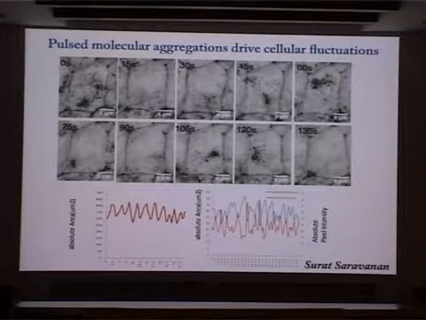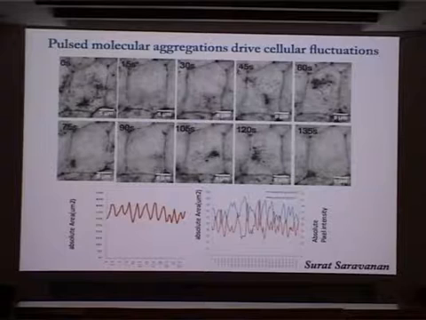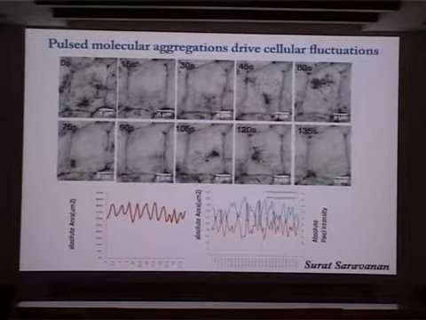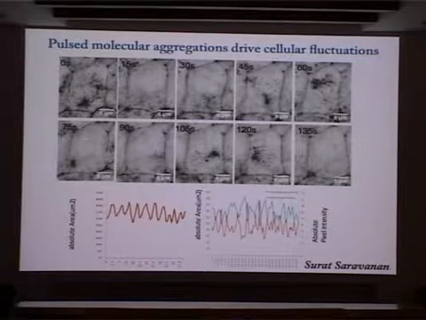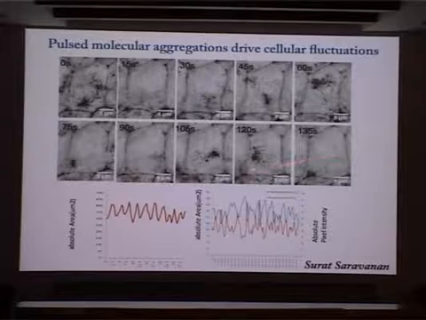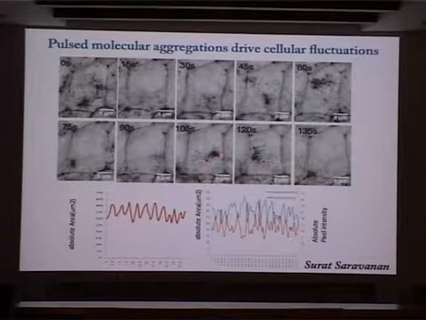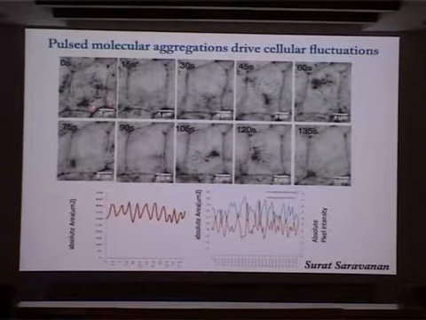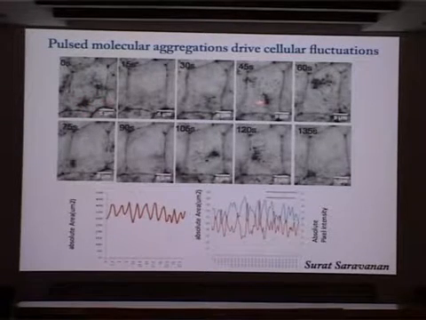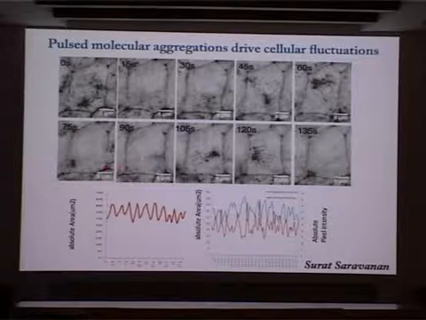One can get a clue to that from the behavior of some of the elements that I call cytoskeletal elements inside the cell. What you see here are a set of images spaced apart in time. And you can see that in some images you have these big black blobs, and in others you don't have them.